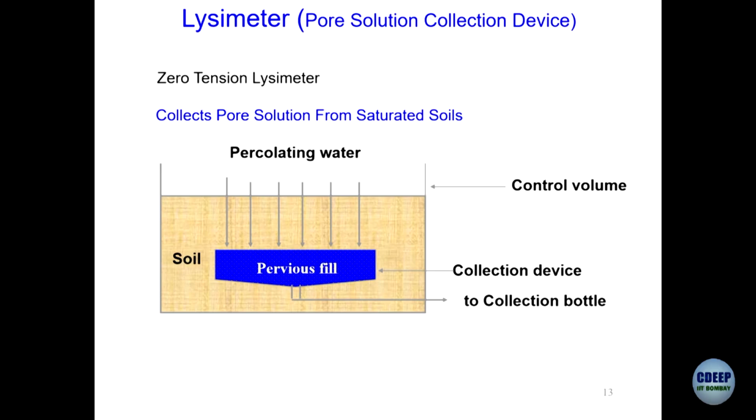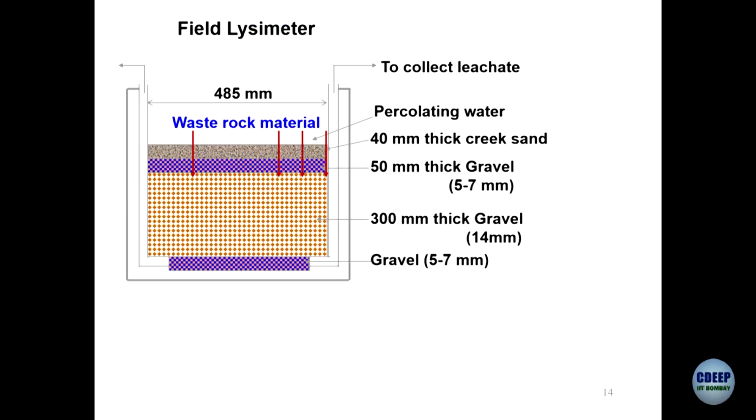You can connect it to the collection unit, and from there you can analyze the sample by using ICP or similar methods. So, this is a simple technique, but I am sure you must have realized there are several limitations. You are disturbing the soil mass. There is another lysimeter like this which is designed for the similar purpose.